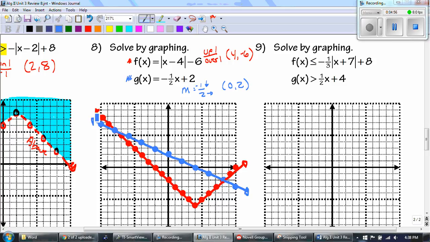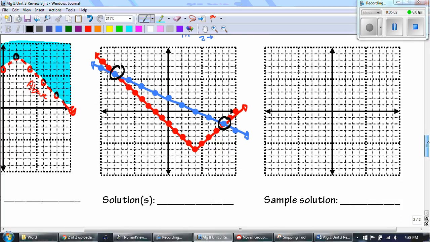Okay, and then tell me, what are the 2 points that they intersect? Oh, we forgot to do the solution for the next one. Thankfully, we can go back and do that. Okay, well, that's the points -8, 6, and 8, -2.